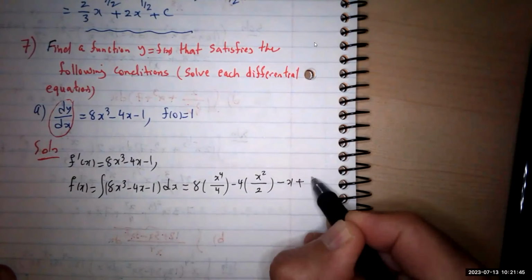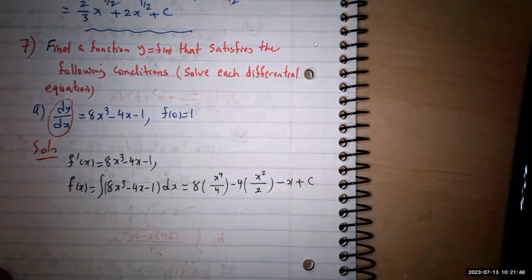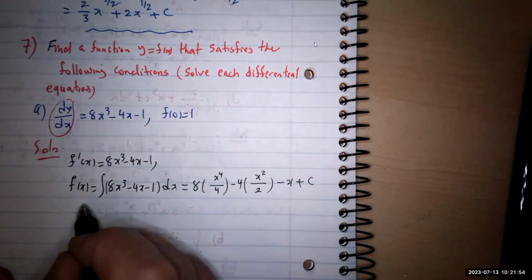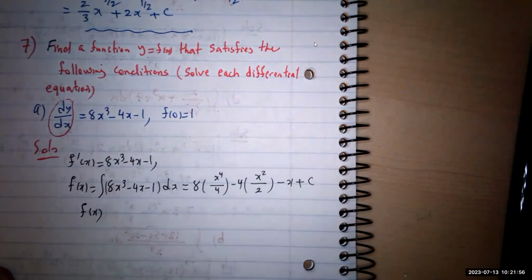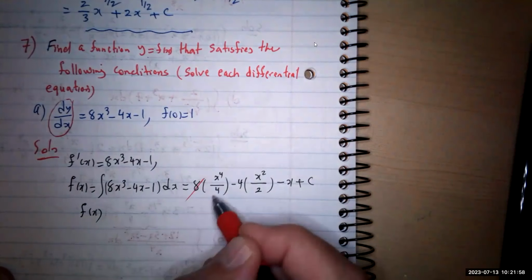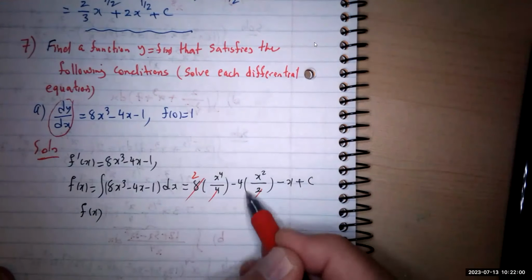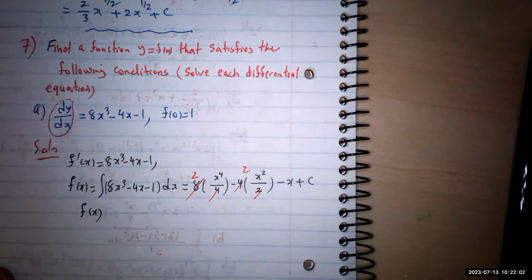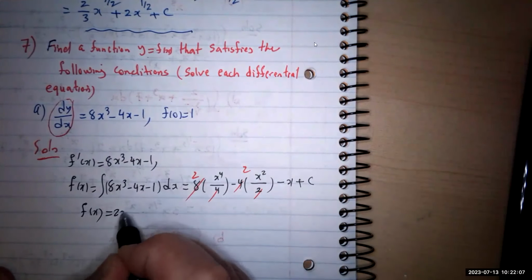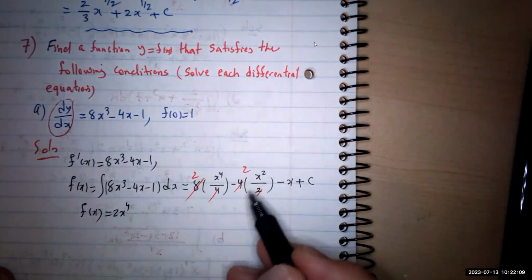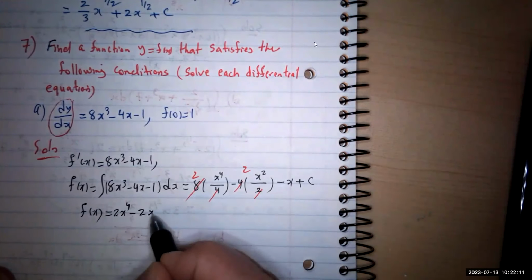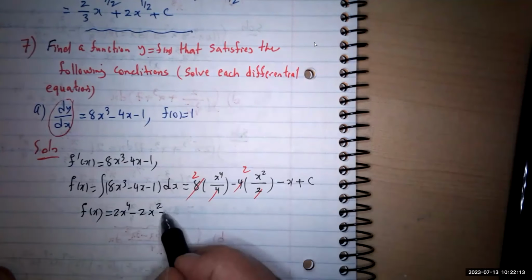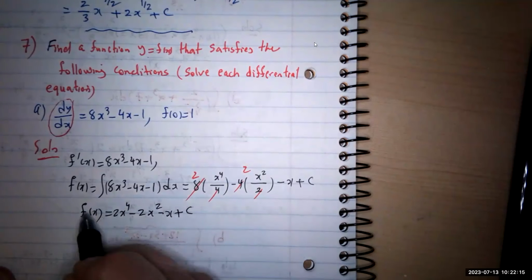That's c. You want the function whose derivative is negative 1. That function is negative x. You simplify. So f of x is equal to, see this 2 would cancel out, that gives you 2. So the function would be 2x to the 4th minus 2x squared minus x plus c.